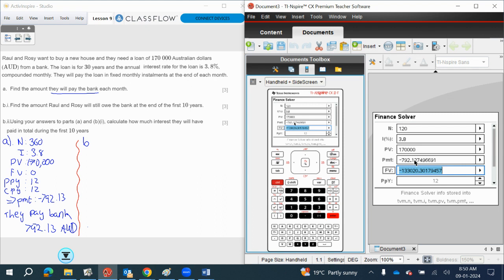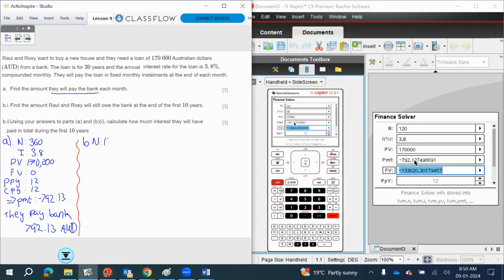Okay, so we want N is 120. I is still 3.8. Present value is still 170,000. This time we're making the payments of minus 792.13. Payments per year are still 12. Compounding periods per year also 12.